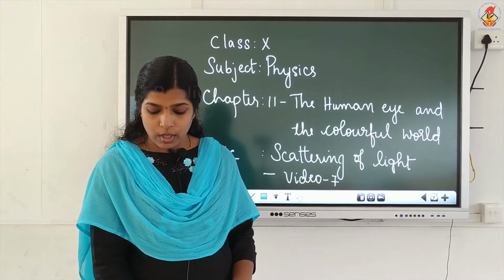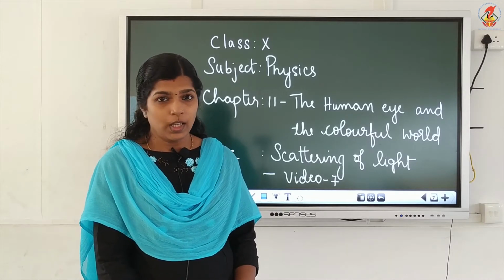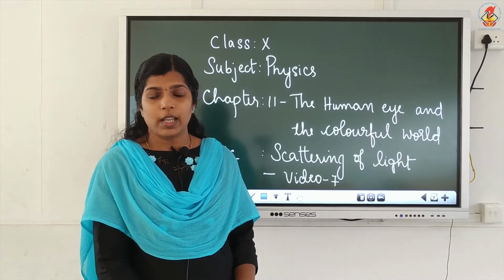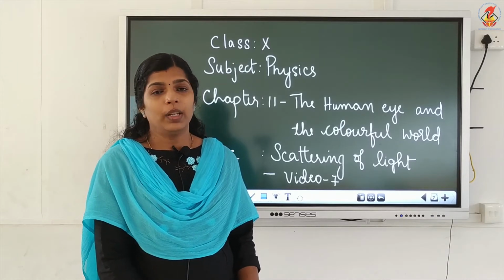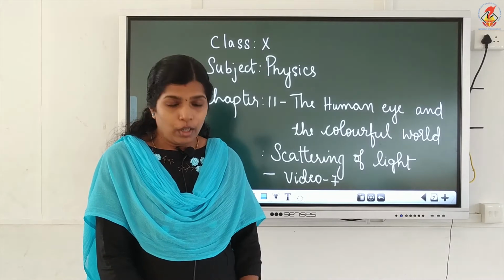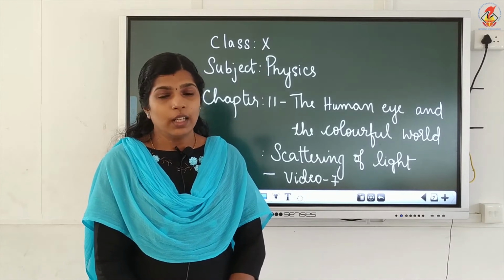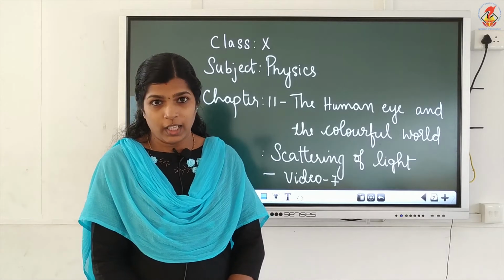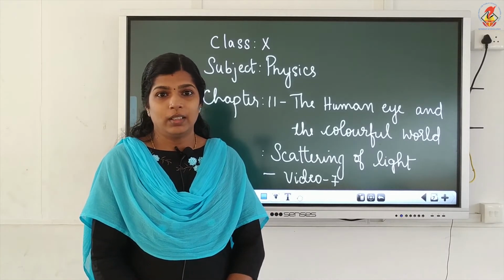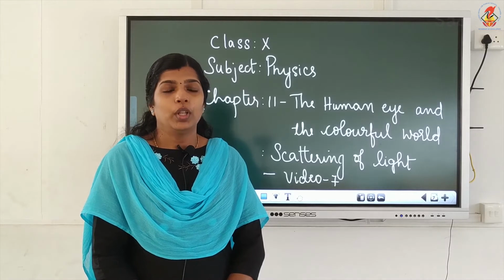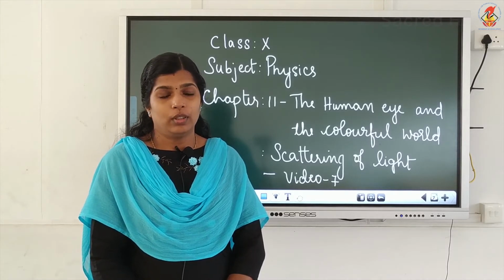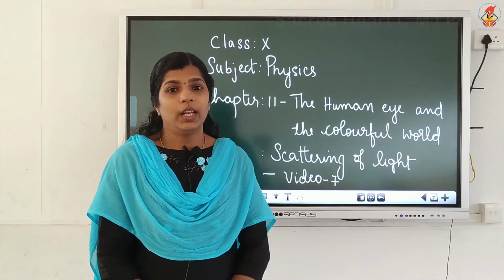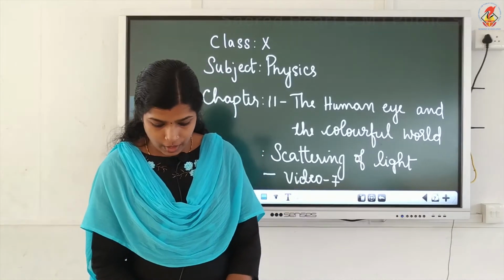In true solution, the size of the particle is very small, so it will not scatter the light. But in colloidal solution, the size of the particles are very large and it will scatter the light. So the path of the light is visible to you. That is Tyndall effect.